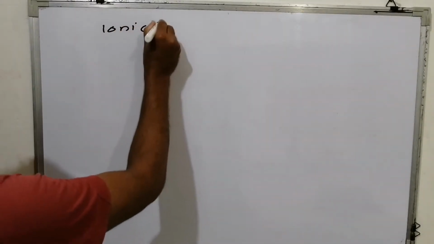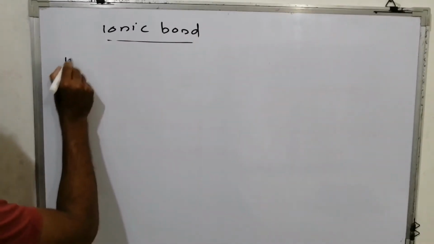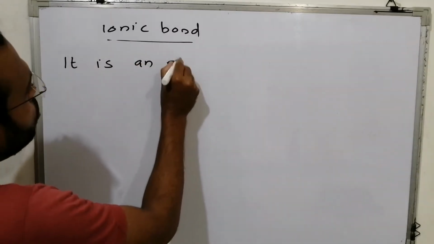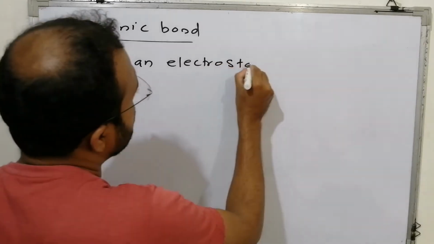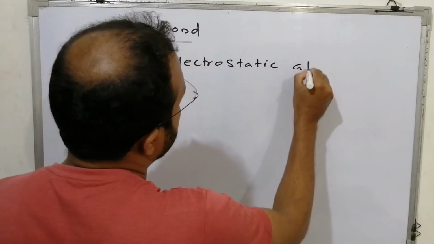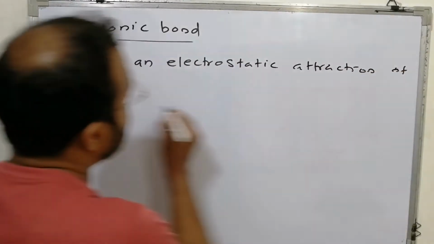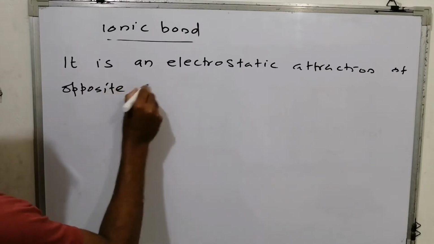Ionic bond. The definition is it is an electrostatic attraction of opposite ions.